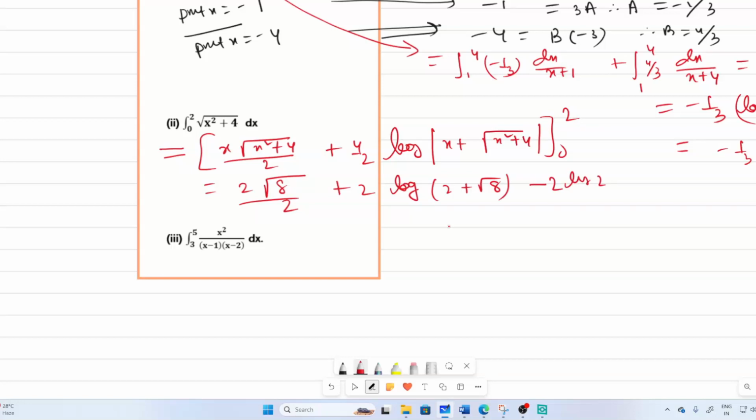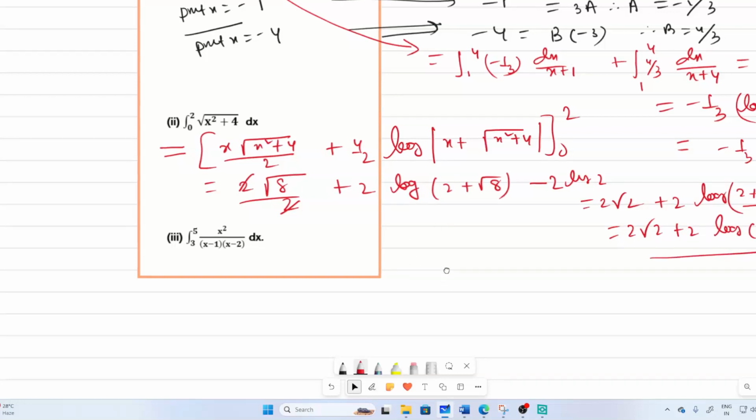So the final answer is going to be 2 root 2, the 2s cancelling, plus 2 into log of (2 plus 2 root 2), and this 2 also will be there. So the answer is 2 root 2 plus 2 log of (1 plus root 2).